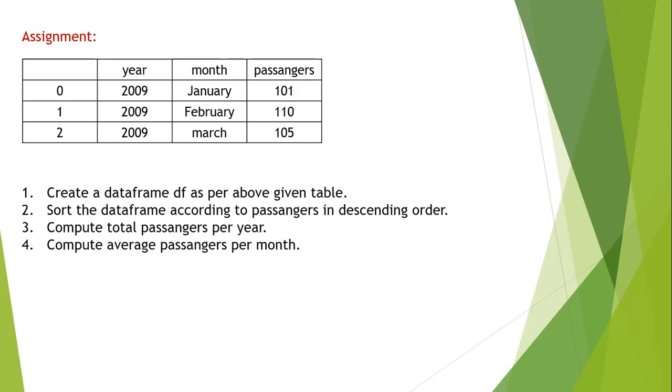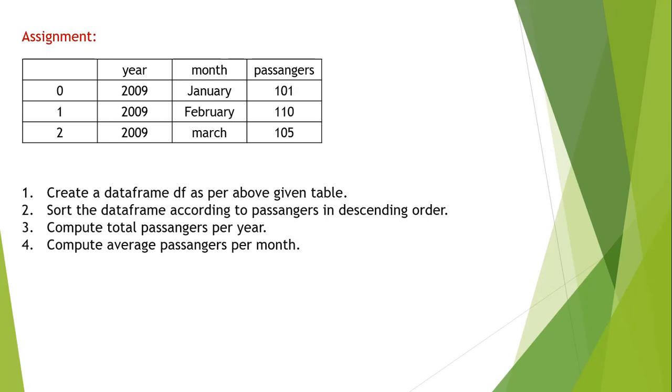Now after creating the data frame, you have to sort the data frame according to the passengers in descending order. Sorting has to be done in descending order. Be very careful with this. You need to remember the arguments which were required to sort the data frame in descending order. Third is compute total passengers per year. Now, how will you calculate this?